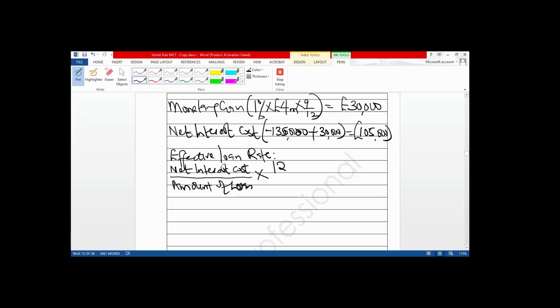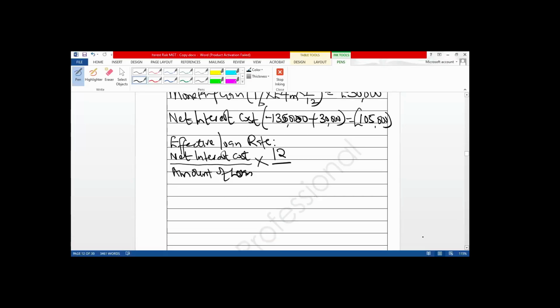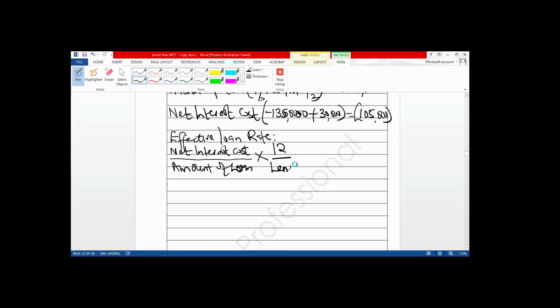12 months we take it for 1 year. We have 12 months in a year. Divided by the length of borrowing. Length of borrowing. That is the formula.